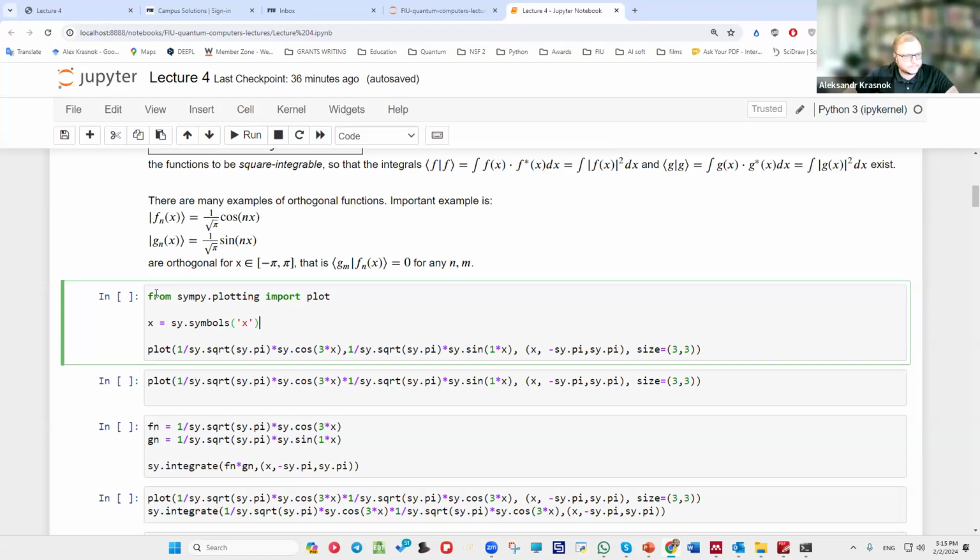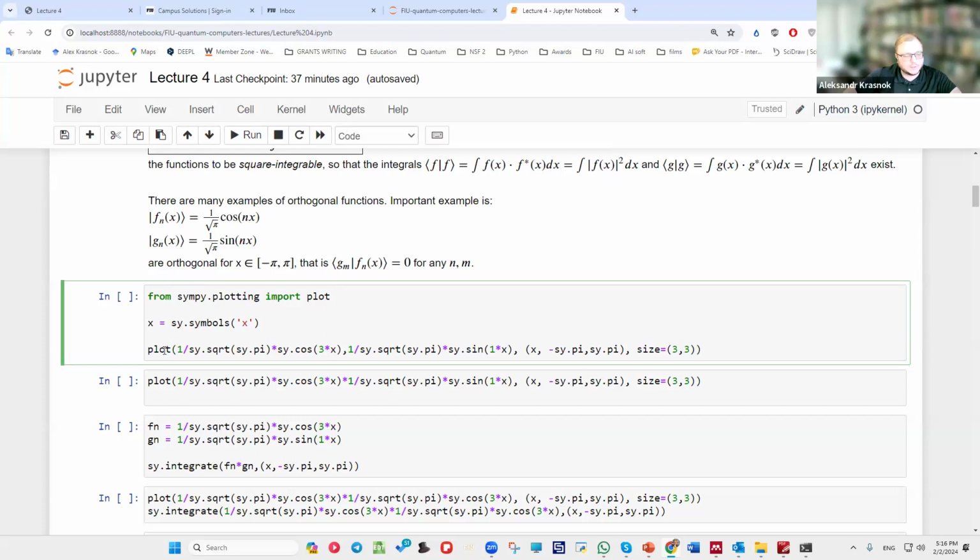Right, so I want to plot the figures using the SymPy plotting function, because it's just one line of code, so it makes things a little bit tidier. So I import plot from SymPy plotting, and also I need x for these formulas, as a variable.